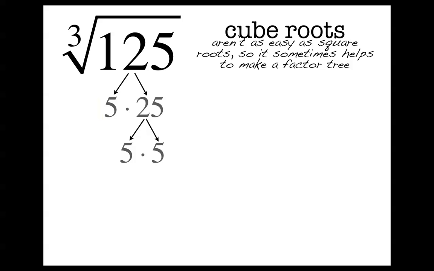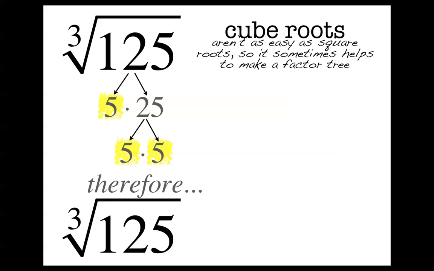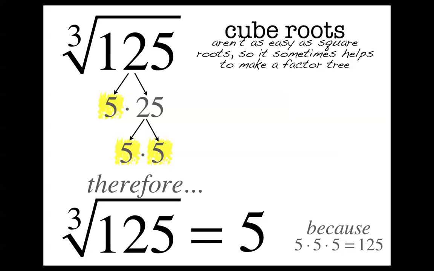Oh, hey, look. 125 is 5 times 5 times 5. So therefore, the cube root of 125 must be 5. Why? Because 125 is 5 times 5 times 5. We just uncubed the 125 and got 5.